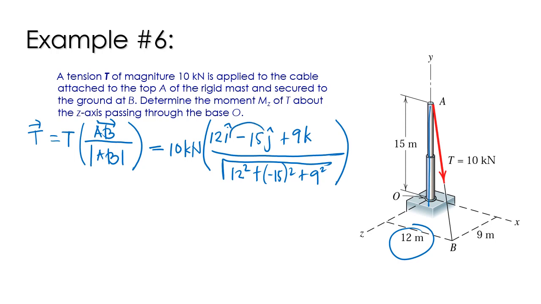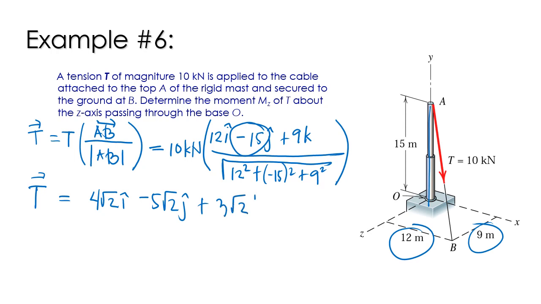That's why it is negative. And the z coordinate is 9 units. So we have the expression 12i minus 15j plus 9k. To simplify, our T is equal to 4 square root of 2 i minus 5 square root of 2 j plus 3 square root of 2 k.